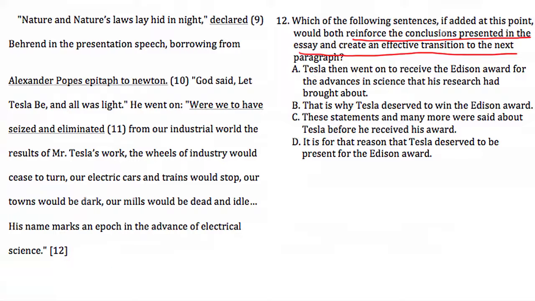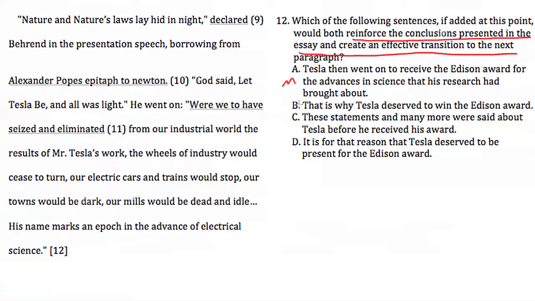The next paragraph goes on to talk more about his contributions, but how he's relatively less known than other famous inventors. So which of these sentences would fit at the end of this paragraph and transition into that next idea? A. Tesla then went on to receive the Edison Award for the advances in science that his research had brought about. Maybe. That is why Tesla deserved to win the Edison Award.